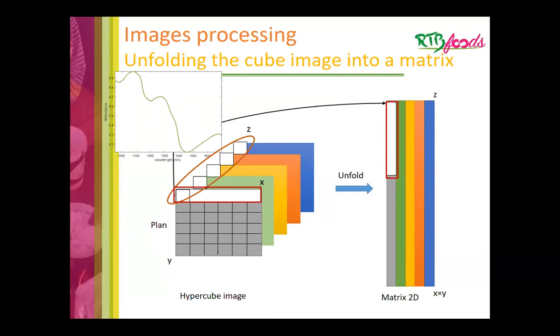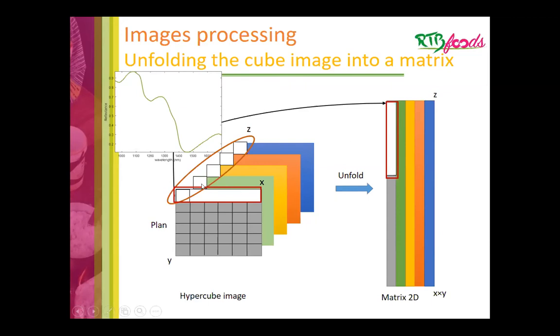The unfolding of the hyperspectral image is carried out in the following way. Each plane is unfolded into one column in the spectral matrix.